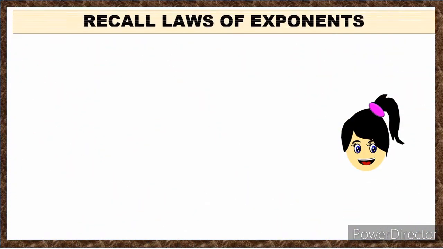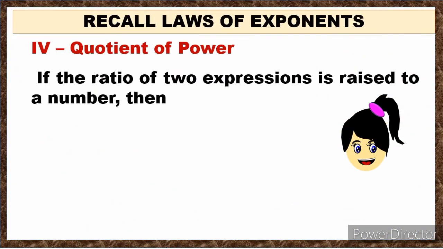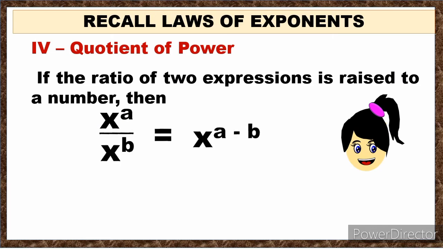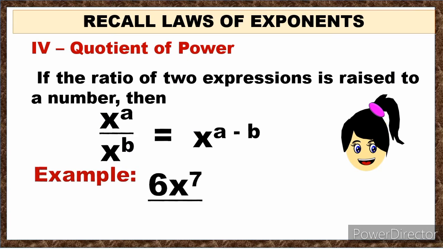Okay, so next let's have the fourth law, quotient of powers. The ratio of two expressions: x raised to a over x raised to b is equal to x raised to a minus b. We subtract their exponents. So let's have an example. We have 6x raised to 7 over 2x cubed.